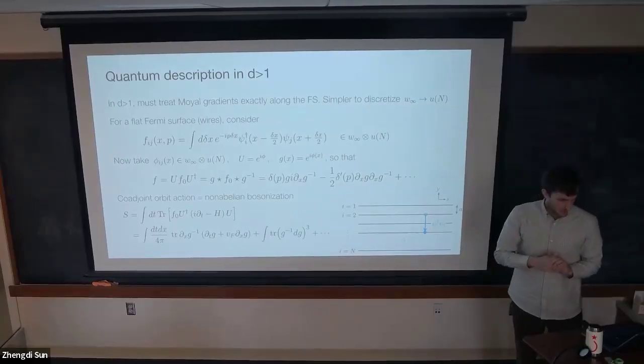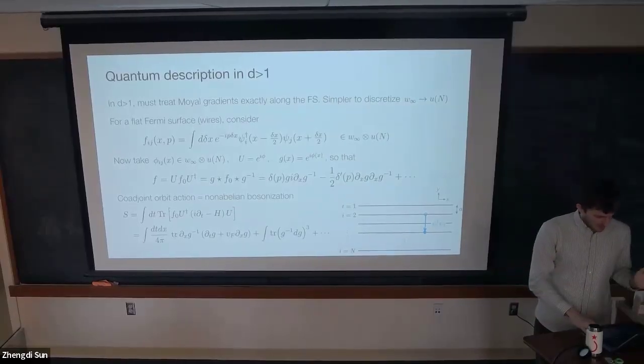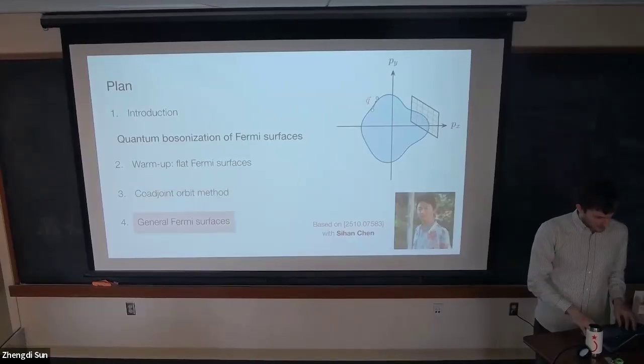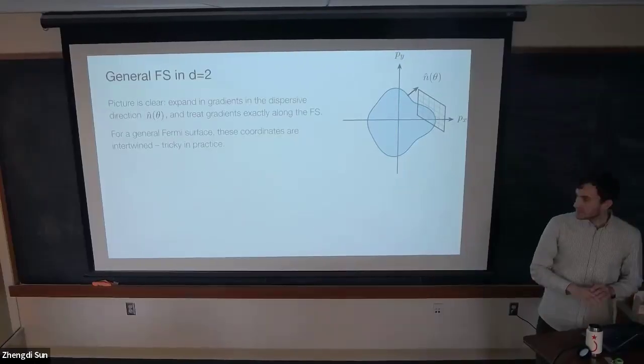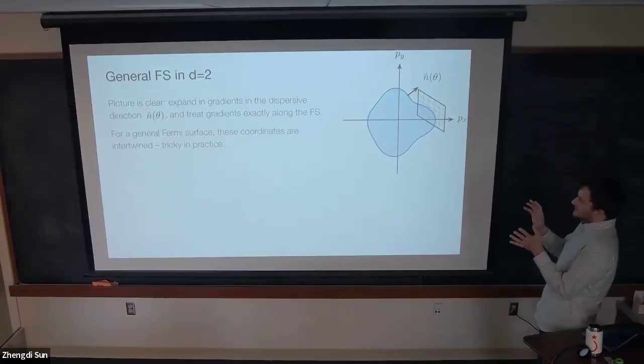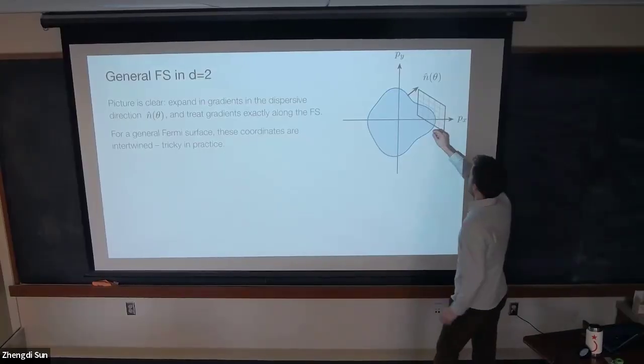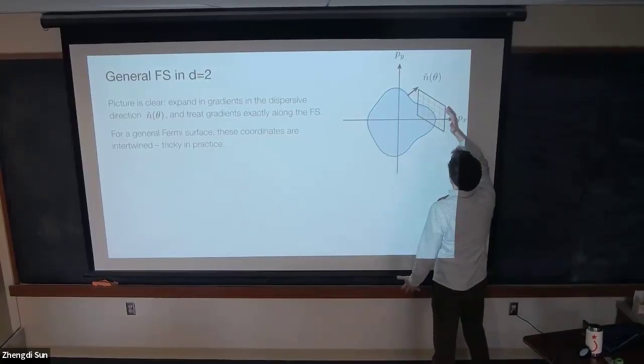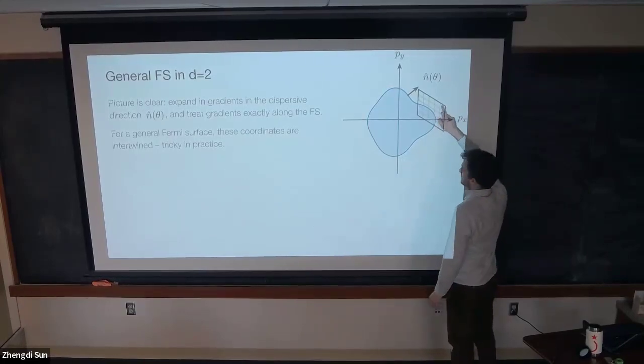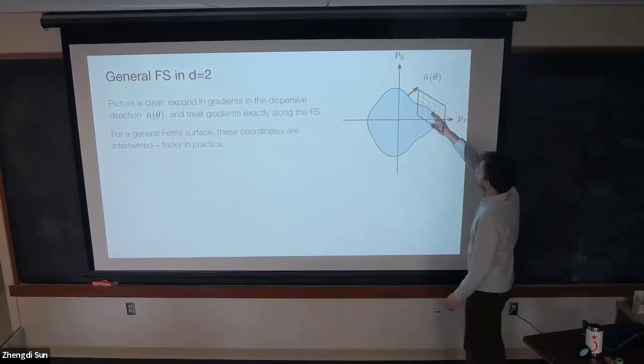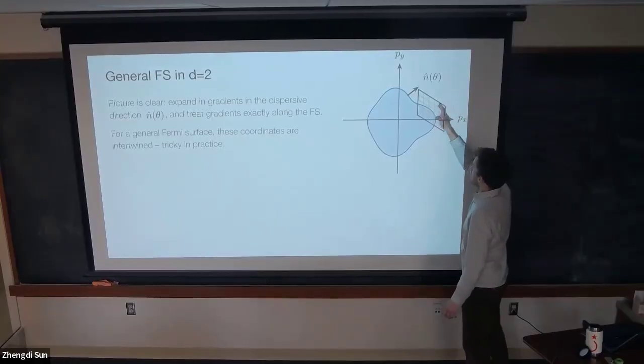Okay, very good. So now we'd like to talk about general Fermi surfaces, which can't be reduced, or naively can't be reduced, to a one-dimensional problem. So conceptually, I think the idea is fairly clear. We saw that in a general Fermi surface, there's a direction that costs energy, where you kind of expect one-dimensional physics, right? You will expand in derivatives.